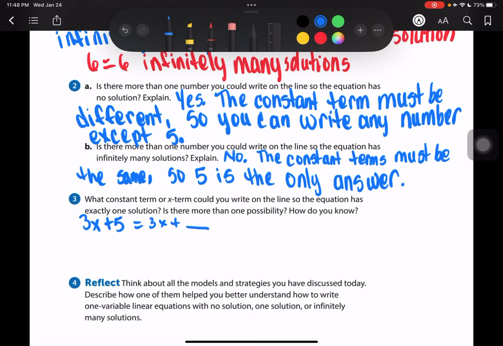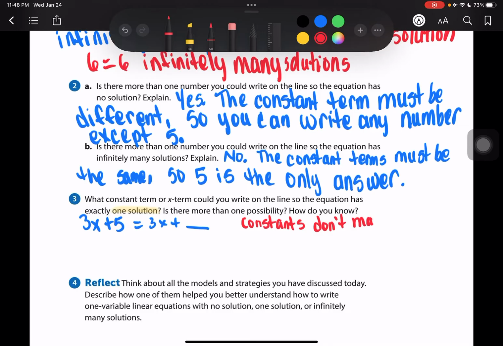It said, what constant term or x term could you write on the line so the equation has exactly one solution? Now remember, in order for the equation to have exactly one solution, which I'm going to underline, the word one solution, the constants don't matter.